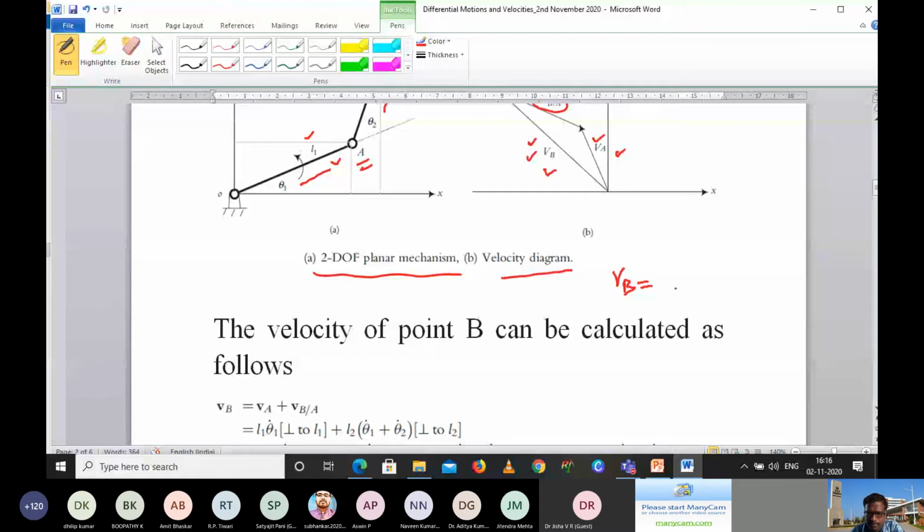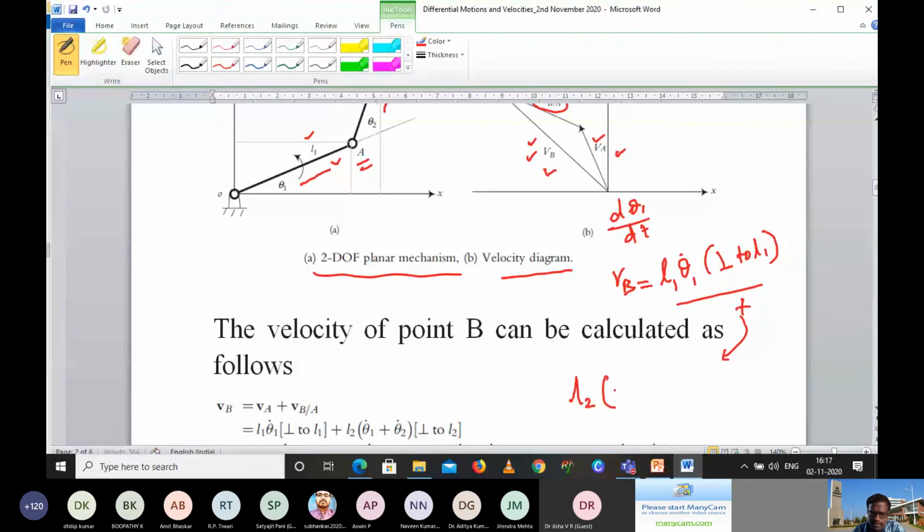So if I am calculating VB, that is nothing but L1 multiplied with theta dot 1, where theta dot 1 is d theta 1 by dt, and then it should be multiplied with the direction perpendicular to L1. Similarly, along with plus, you can take L2.